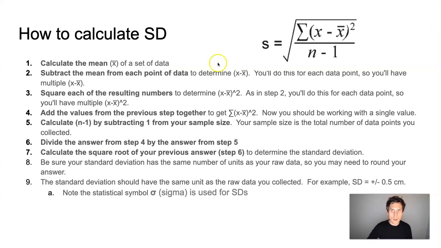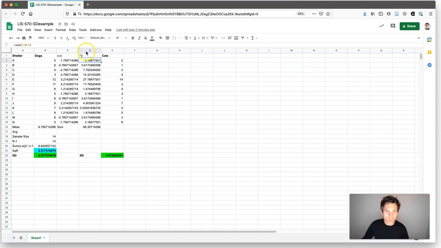Okay, so now we're at the stage where we start adding up all of the numbers that we just squared. That is, we add the values from each of the squared steps in step 3. Now we add all these up, and what we come up with is a sum of something like 86.357.